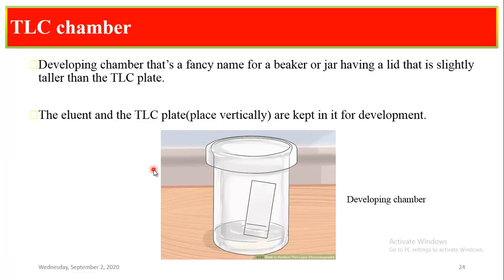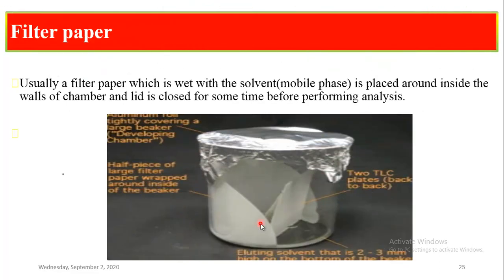Then the TLC chamber, basically a developing chamber, that is the fancy name of a beaker or jar having a lid. Basically it's shaped like a beaker, but it is called a developing chamber for the TLC plate. The eluent and TLC plate are kept in it for development, and after development, filter paper.